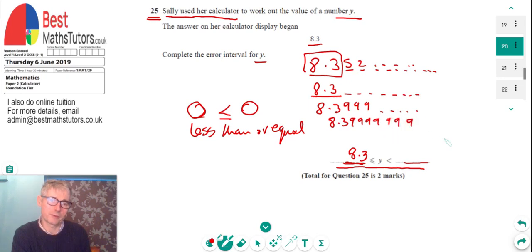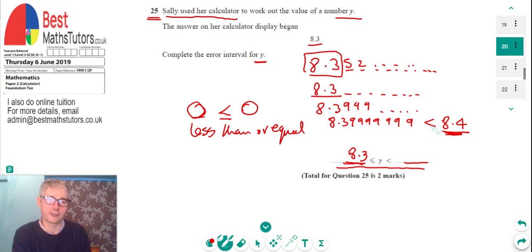So we could say that is less than 8.4 because it never quite reaches 8.4. No matter how many 9s we write, it never reaches 8.4, but it will go as close as we could possibly ever get to 8.4.